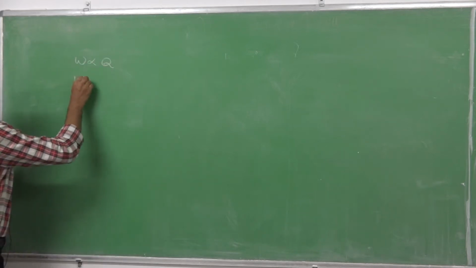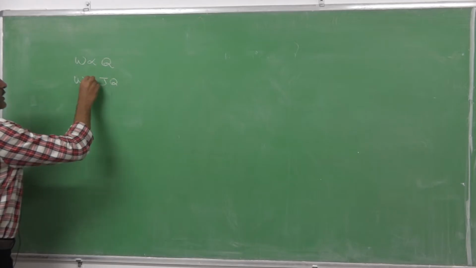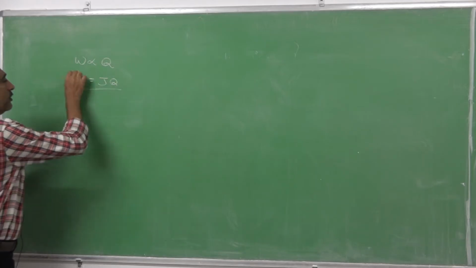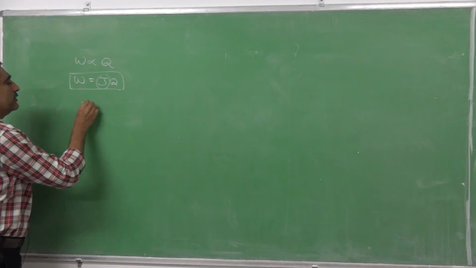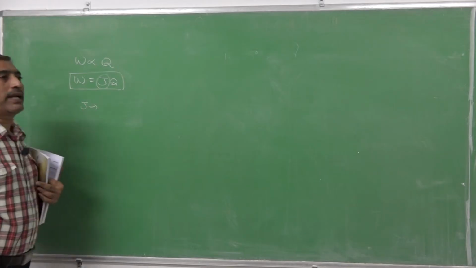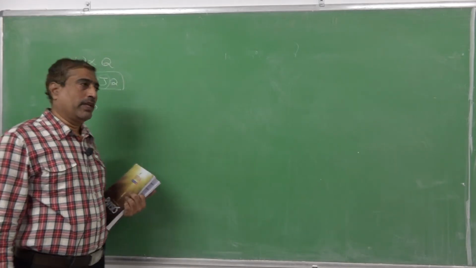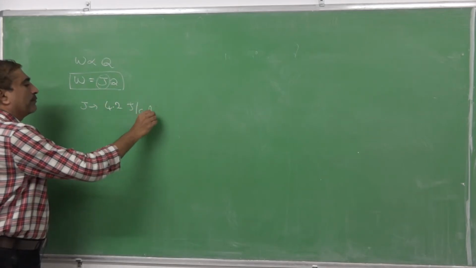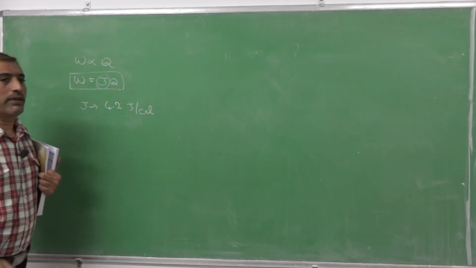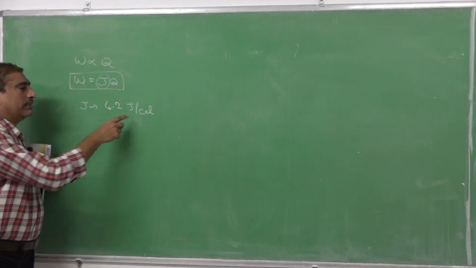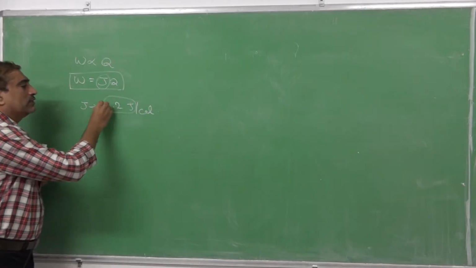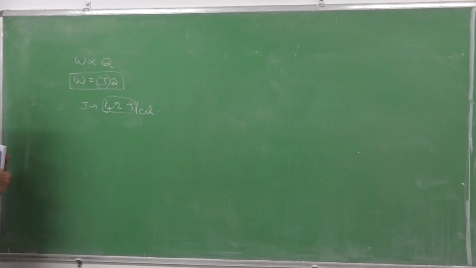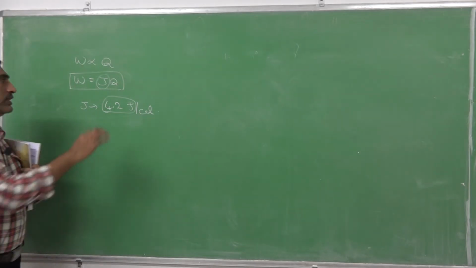So W is equal to JQ, and this is called Joule's law, and this J is called Joule's constant or mechanical equivalent of heat, and this is equal to 4.2 Joule per calorie. That means for the production of 1 calorie of heat, this much amount of work is to be done. Okay, that is J. So you remember this one.